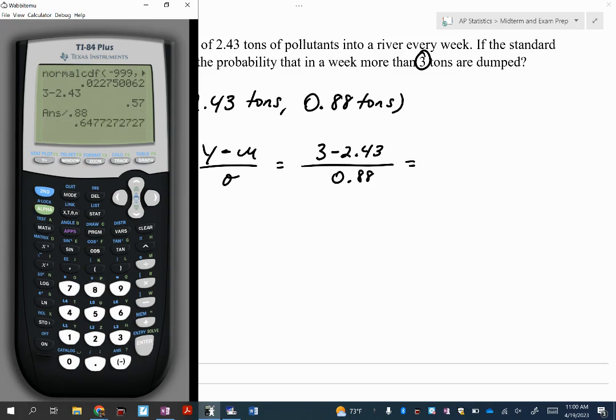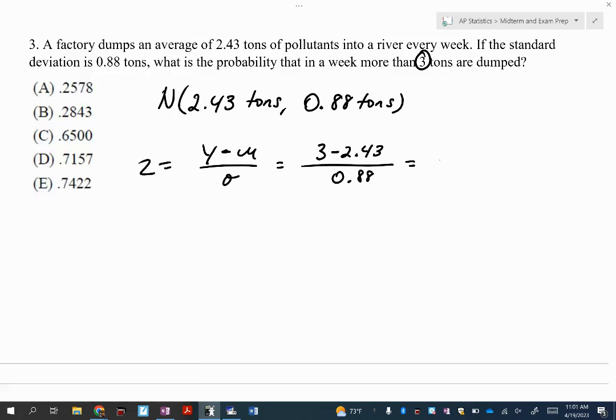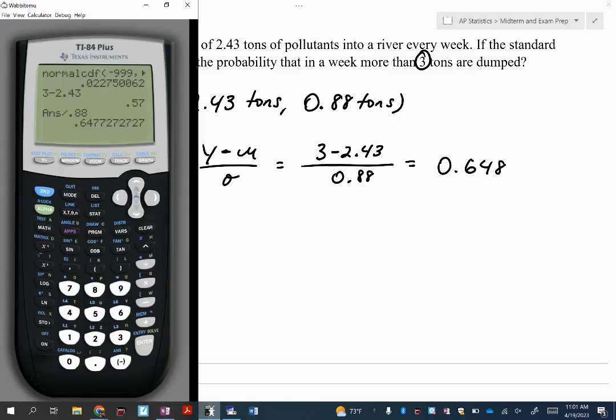I know it goes against what I told you guys in previous lessons and videos, that you should always wait till the end to round, but I'm not that concerned about it. Technically, if I want to get as close to the right answer as possible, I should copy down all those numbers, 0.6477, 272727 goes on forever. So I'm just going to round to 0.648, knowing that technically this is going to give me a wrong answer.